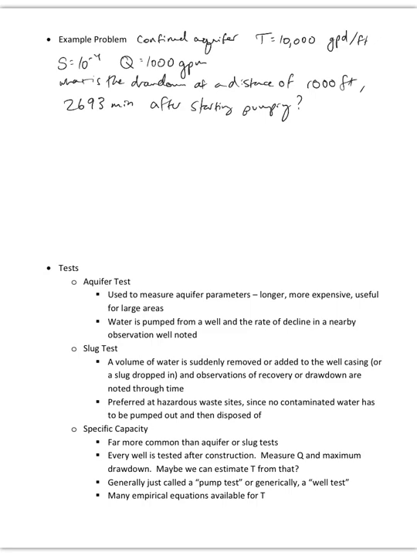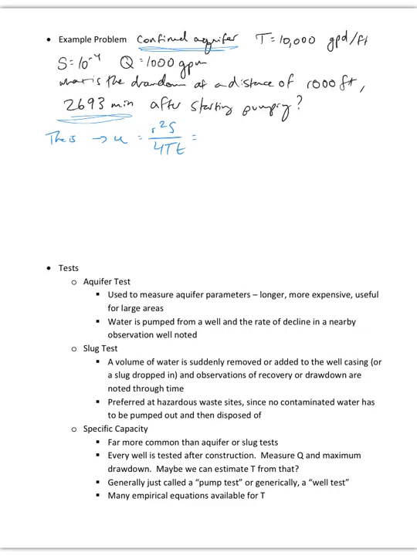Okay, so that's the problem. We're in a confined aquifer here. We know it's not steady state because we're asked about some time after we started pumping. So we're going to use Theis. And when we use Theis, we need to start with calculating a value of u. u is equal to r squared S over 4Tt.